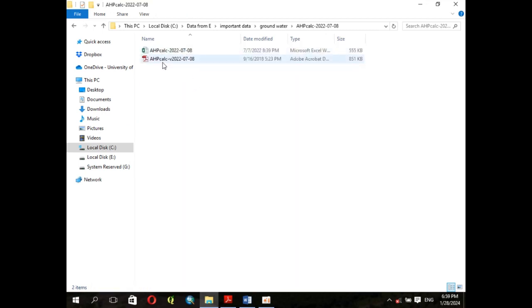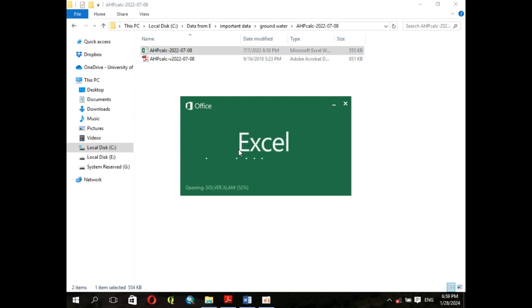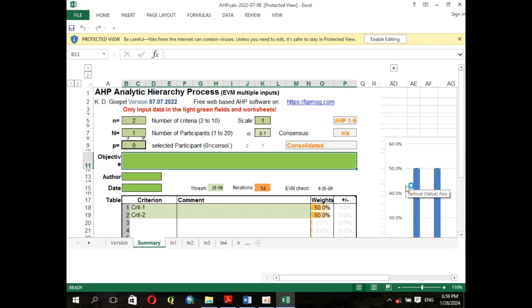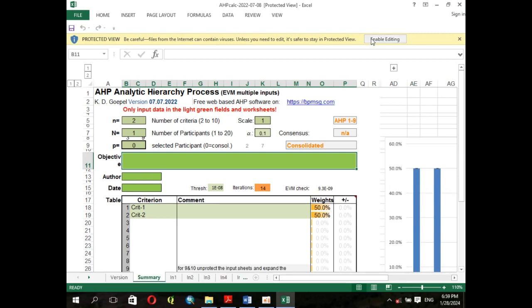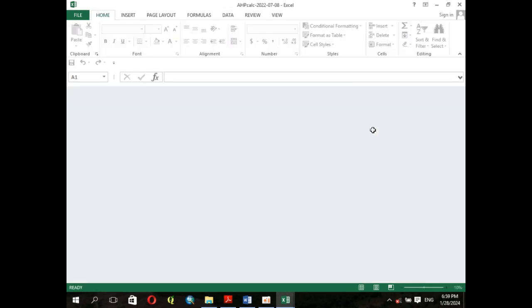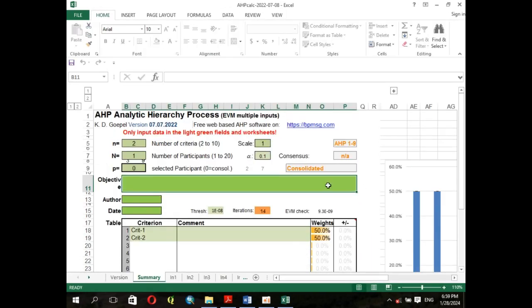And under that you can get the PDF as well as the Excel format. So let us open this one and let us work with this Excel in order to get weights of different parameters. So let me enable editing here.